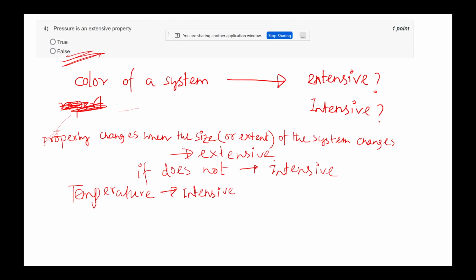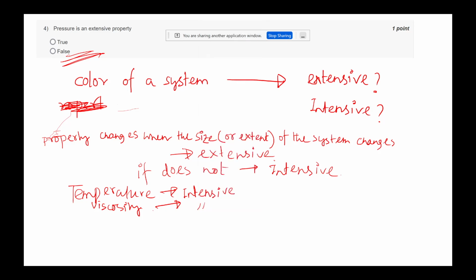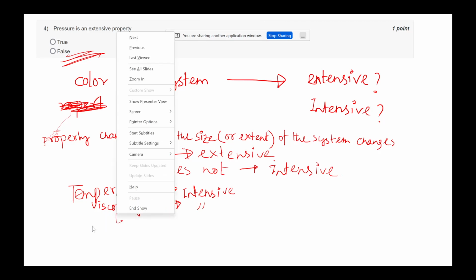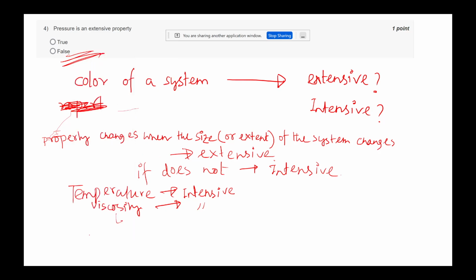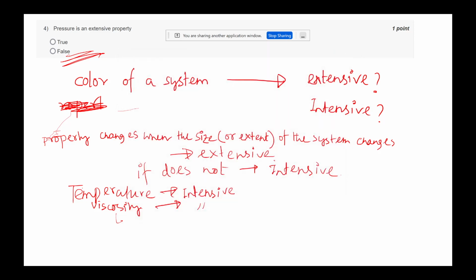Pranjal, viscosity? Yes, precisely, intensive. And let's say enthalpy.